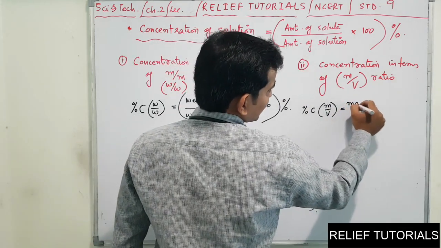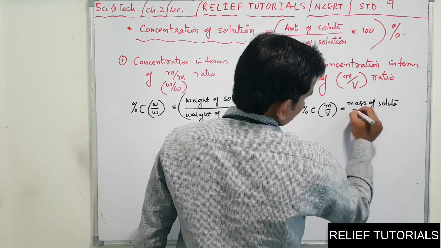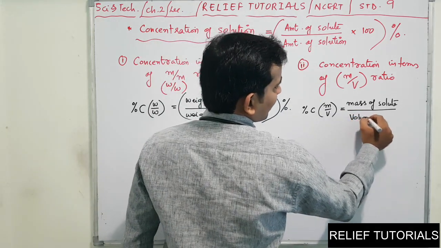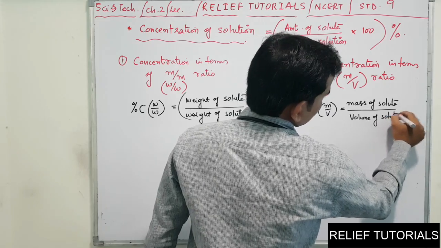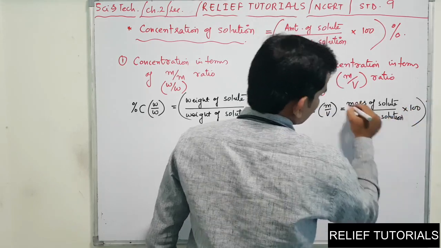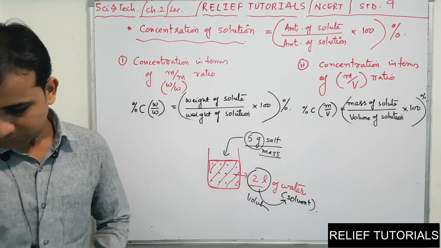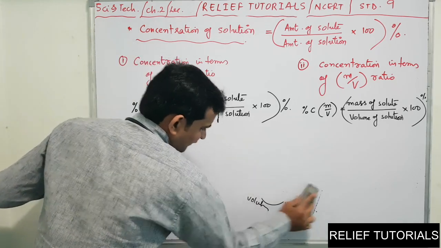So we can say mass of solute upon volume of solution into 100%. So this way we have 2 types of concentrations.